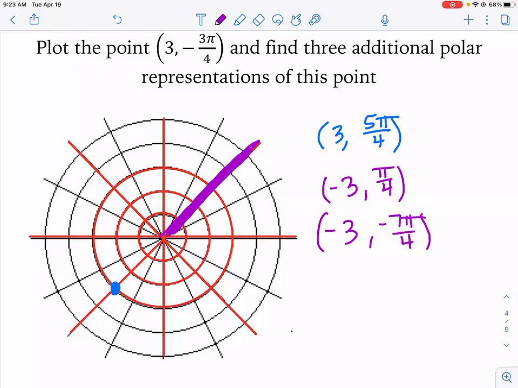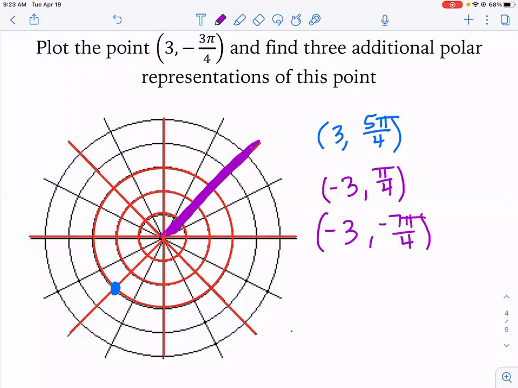I'm just telling you, there's always going to be multiple ways to name your coordinate. Okay, and it's something I'm gonna ask you to do. I promise you that on the quiz on Tuesday, I'm gonna ask you to take a coordinate and give me 2 other ways to name it. There's gonna be 3, but I'll even just ask you for 2 other ways.